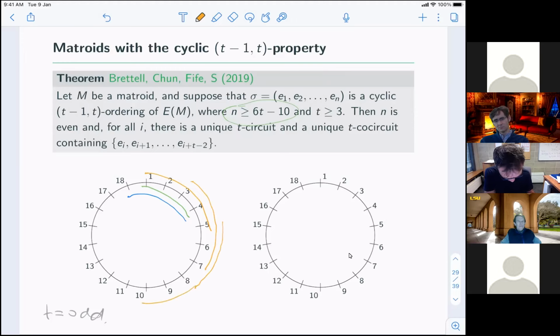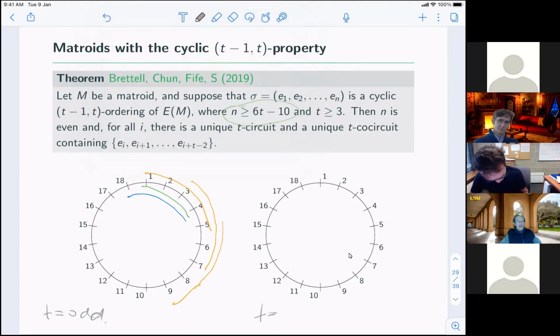I've jumped too many, haven't I? 1, 2, 3, 4, 5. Let's fix that up. All right, there's the circuits. And similarly, the co-circuits jump 2 as well as you go round. Right? So that's what happens generically if T is odd.